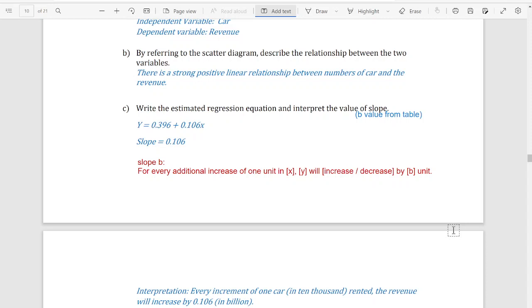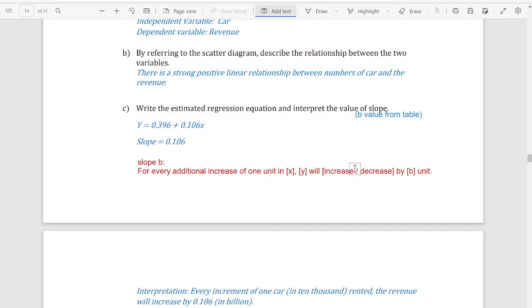How do you comment on the slope? For every additional increase of 1 unit in X, so you tukarlah X ni dengan variable yang diberi, and then Y tukar dengan variable yang diberi. Kalau tadi kita ada for every additional increase 1 unit in the number of cars rented, and then revenue will increase or decrease.